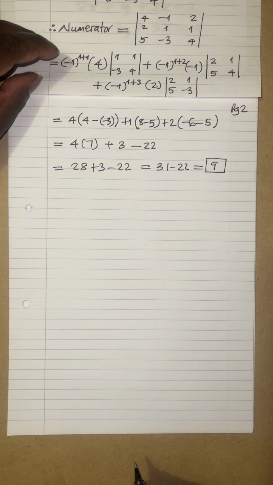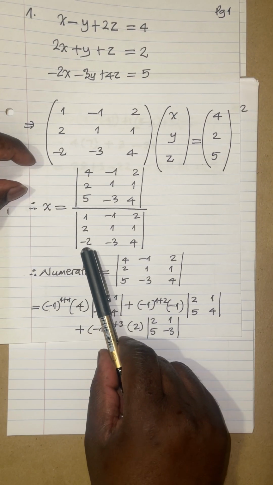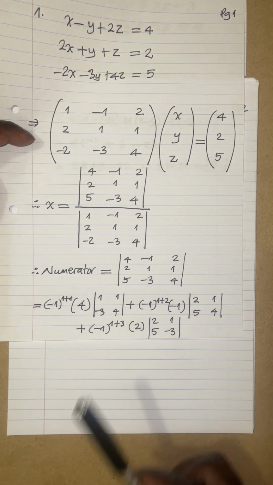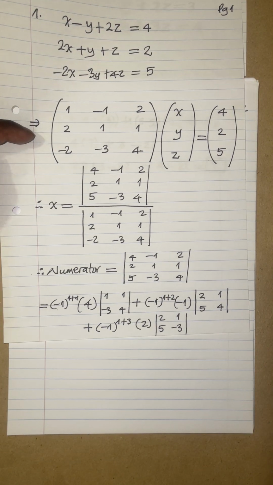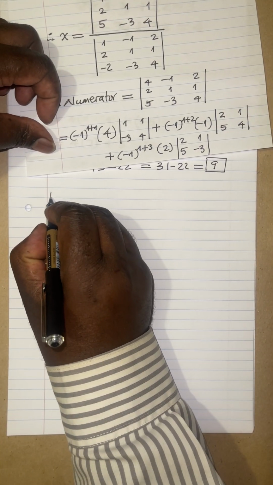Remember, the denominator is the determinant of the coefficient matrix, which is 1, 2, minus 2, and then minus 1, 1, minus 3, 2, 1, 4. Right, we repeat the same procedure. So now I'm going to say denominator.